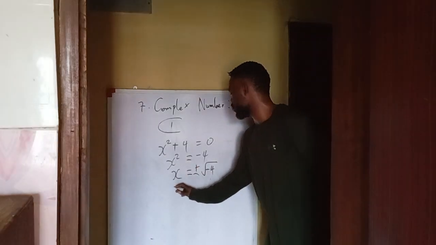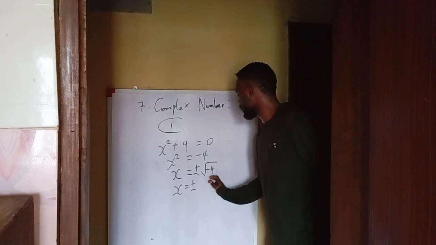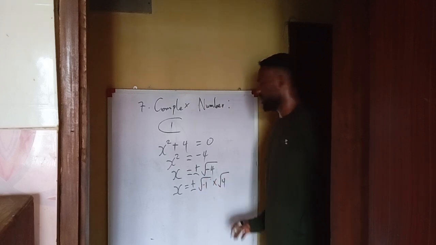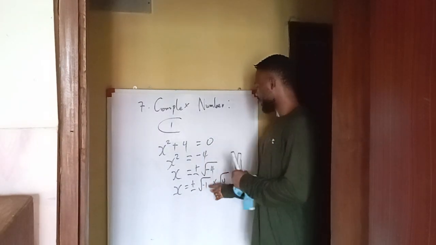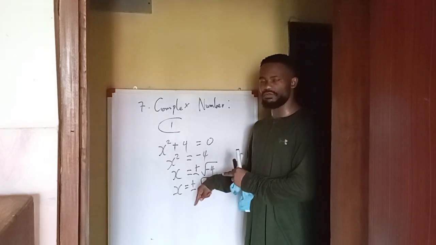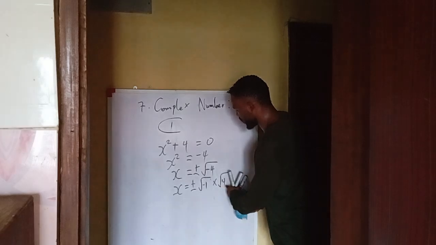So what this is going to be is simply x equals plus or minus root of minus 1 times root 4. So the first letter of imagination, we now say anytime we have root of a negative number, that is the same thing as saying root minus 1 times root 4.